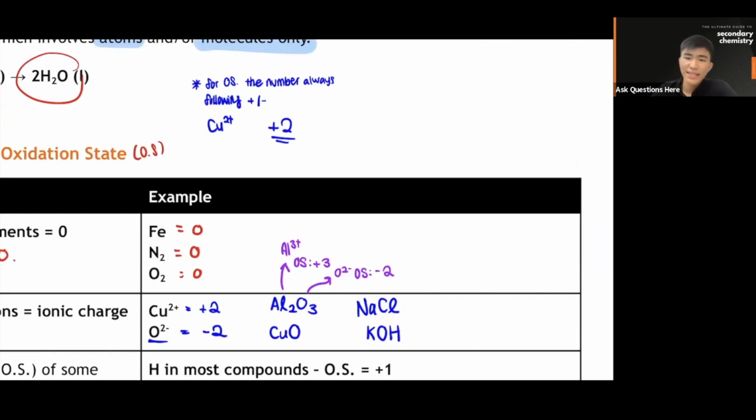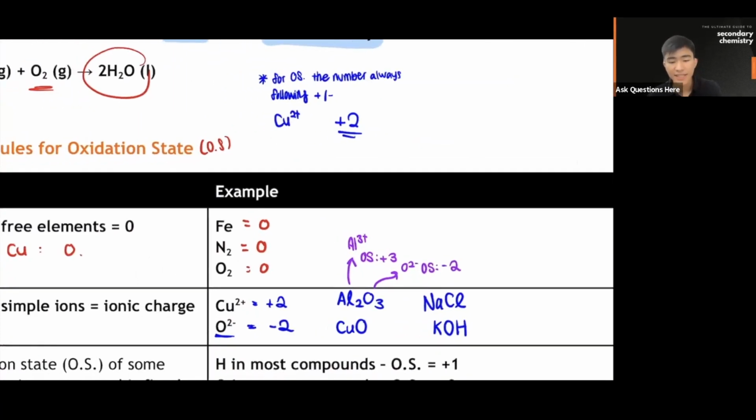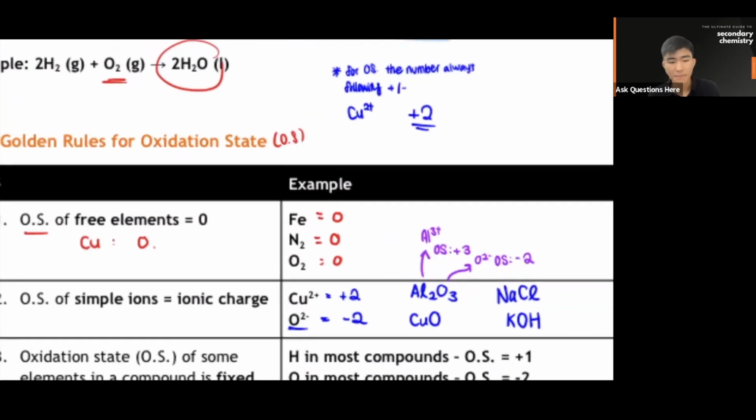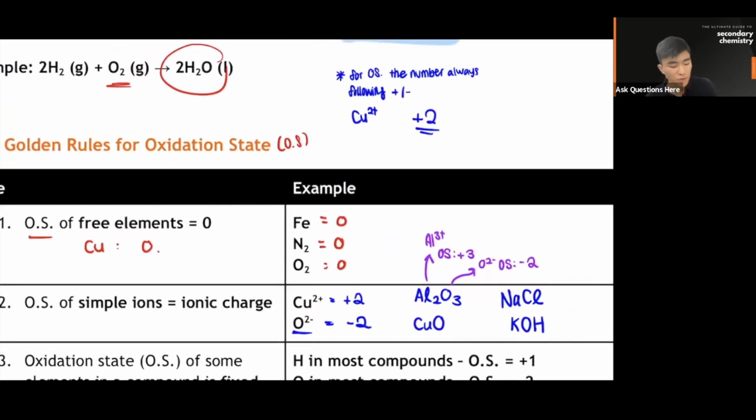I give you another 1.5 minutes to try and figure out the oxidation states of each of the elements in each of these compounds. So follow rule number 2 first. Don't read the other rules first, you may get confused by them.